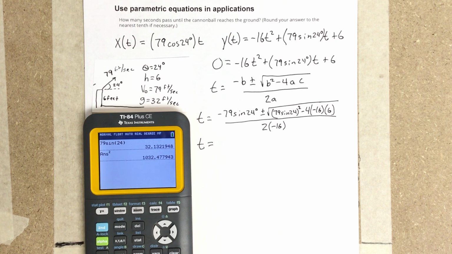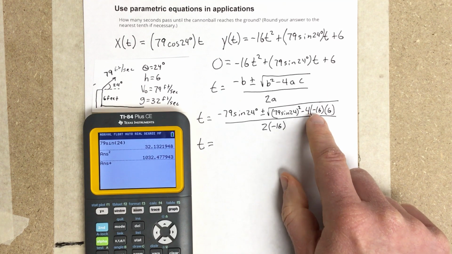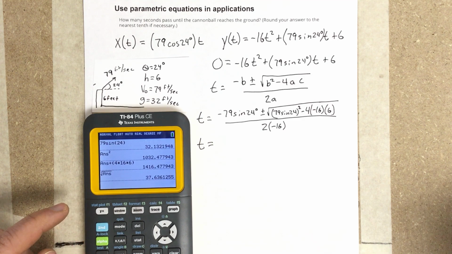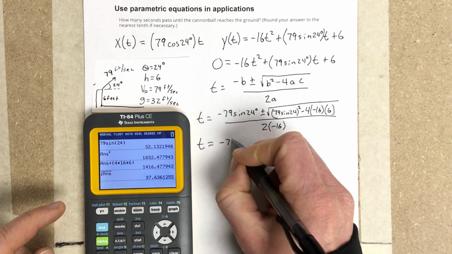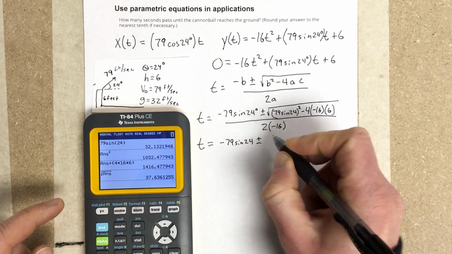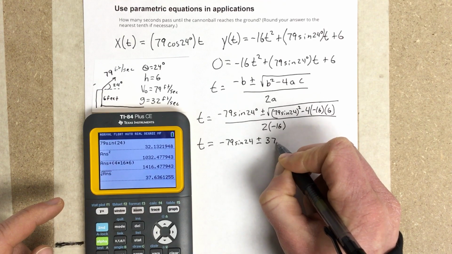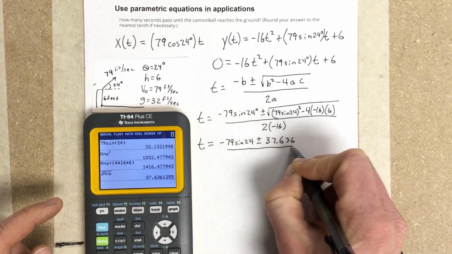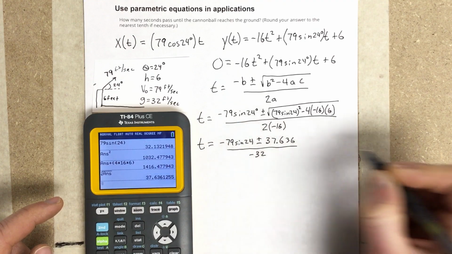Then we're going to subtract, actually we're going to add, because a negative times a negative is a positive, so we're going to add 4 times 16 times 6. And then we're going to take the square root of that. And that's going to give us negative 79 sine 24 plus and minus 37.636, all divided by negative 32.